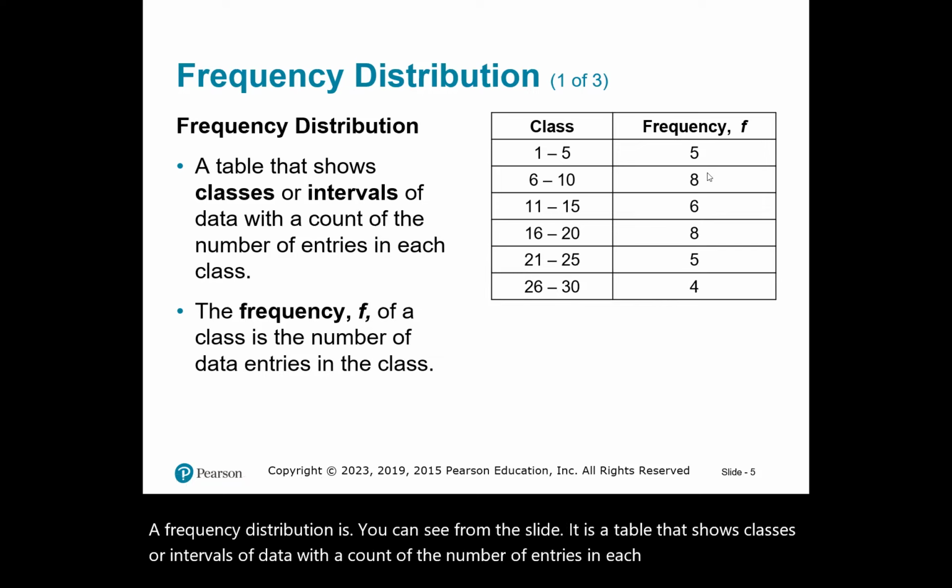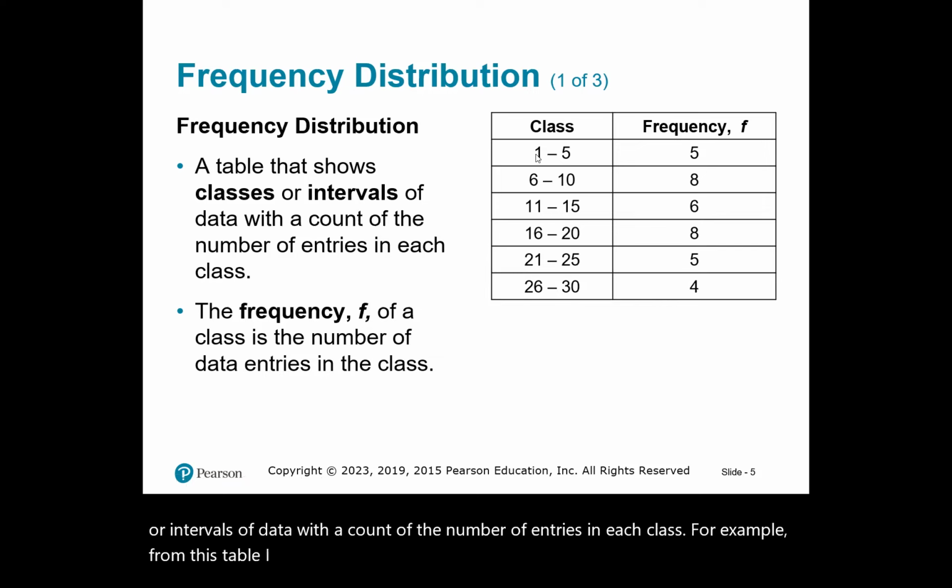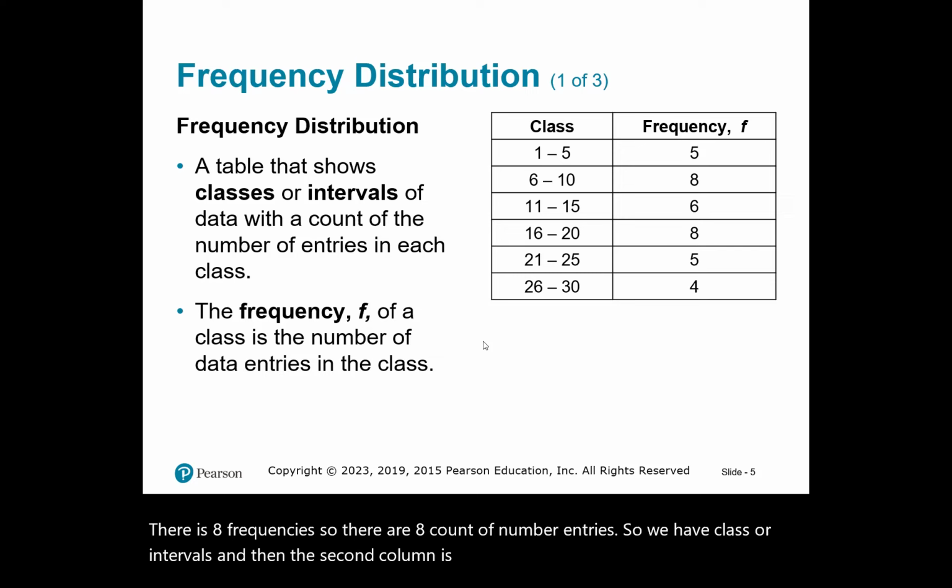For example, from this table, I understand that from class 1 to 5, or the interval from 1 to 5, there are 5 data entries. That's the frequency. From 6 to 10, there are 8 frequencies, so there are 8 data entries. So we have classes or intervals, and then the second column is frequency. The frequency is the number of data entries in the class.